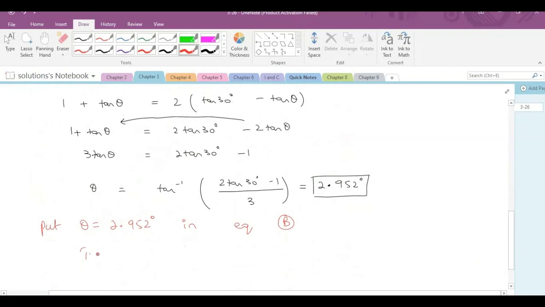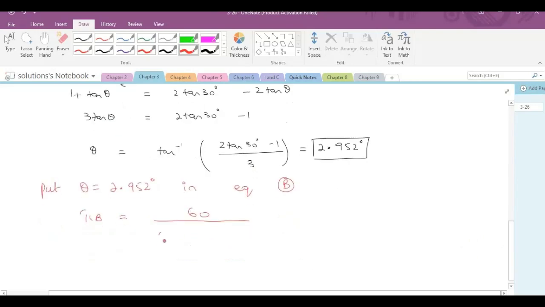So we have TCB is equals to 60 over cos theta, and now we know the value of theta, that's 2.952 degrees, plus the sine theta, and again the theta is 2.952 degrees. Upon further simplification, your answer for TCB would be 57.133 lbs. That's our first answer.